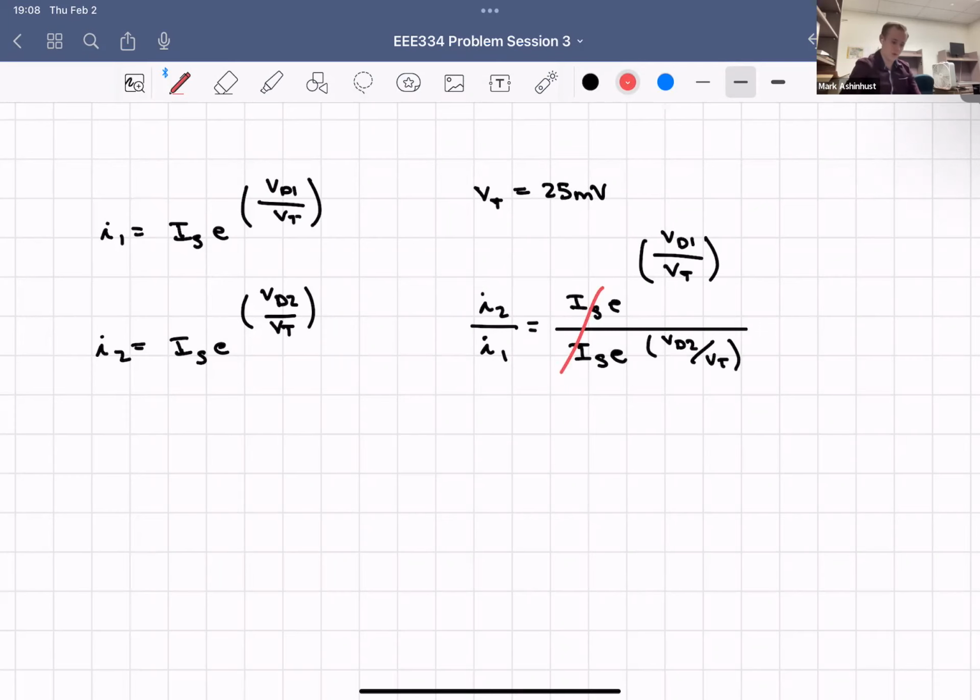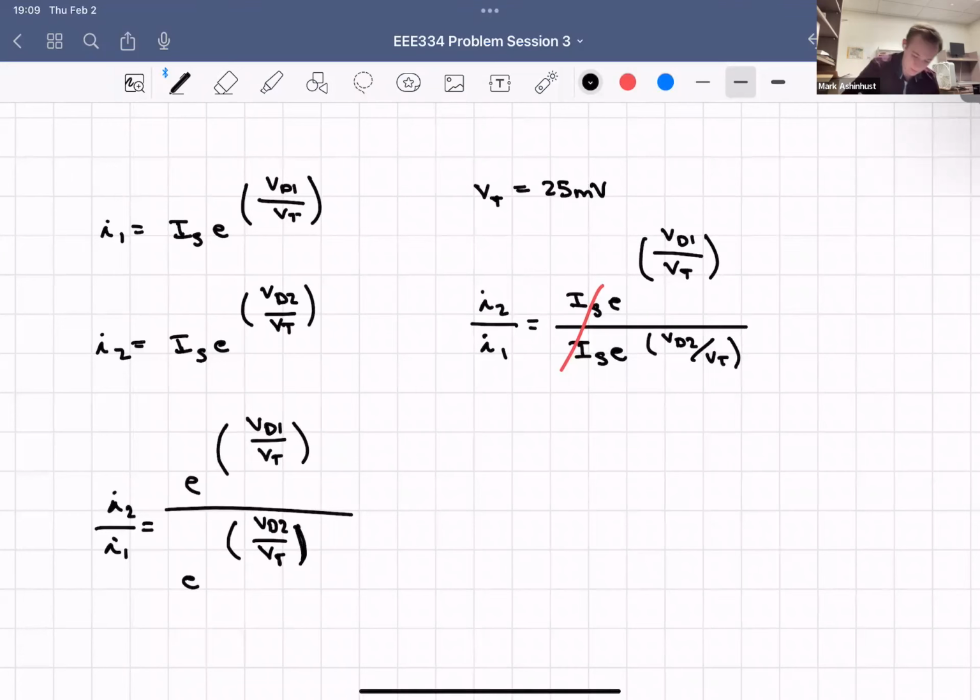The IS terms are going to cancel, and then we have e to the VD1 over VT over e to the VD2 over VT. Remember, if we had e to the 2 over e to the 4, we actually have e to the 2 minus 4, right?